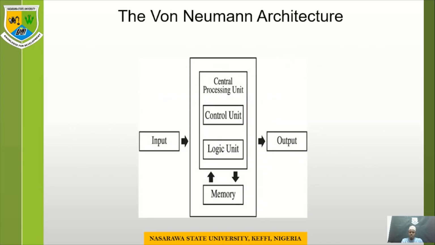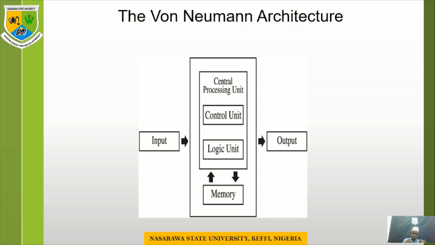Then this is the diagram of the von Neumann architecture. Here we have the input unit, then the output unit. So we say von Neumann architecture comprises the hardware, software, and how they function to make the system work properly. Now look at the inputs.